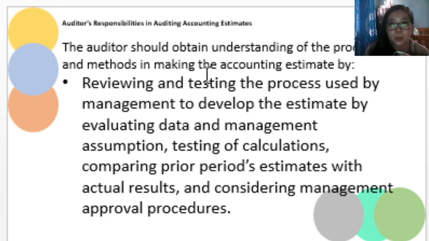The auditor should also obtain an understanding of the procedures and methods in making the accounting estimates. In this case, the auditor will review and test the process used by the management on how they develop the estimate. He will evaluate the data and the management assumptions, do the testing of calculations, compare prior period estimates with the actual results for consistency, and consider the management approval procedures to see if the estimate is properly authorized.